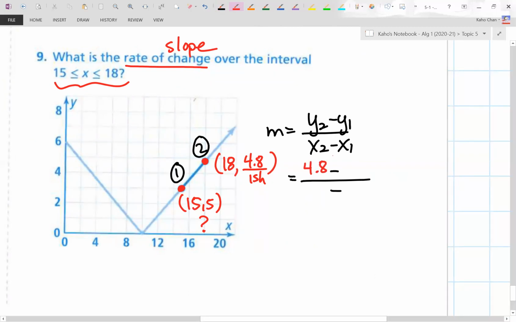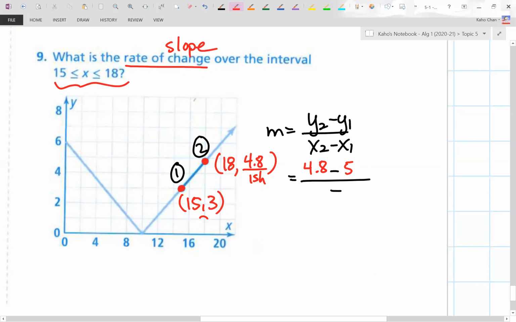4.8 minus 5 over, did I do this right? y2 minus y1. Oh, I call that 5? That's kind of weird, awkward. That is not 5. That's wrong in the note. Interesting. I might have to correct that on my notes from before. That is about 3. Sorry about that.